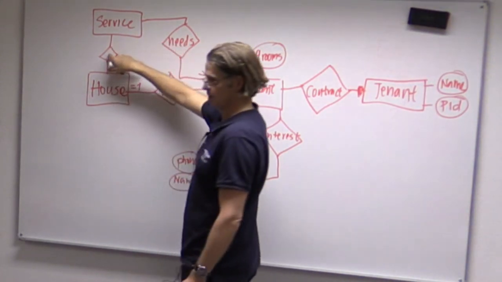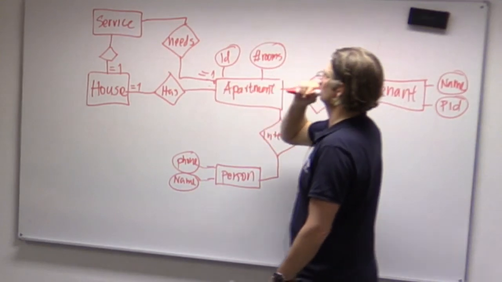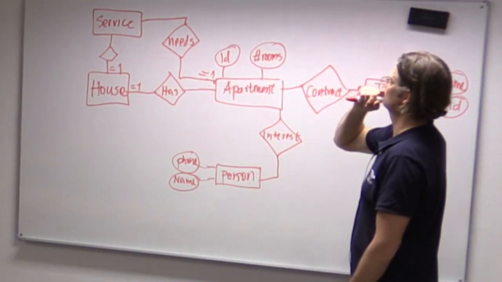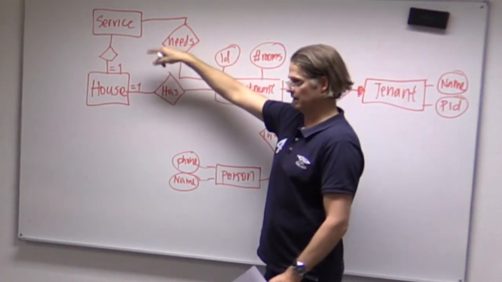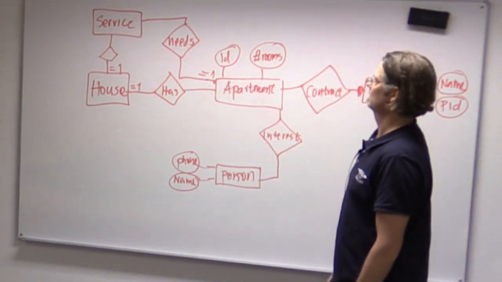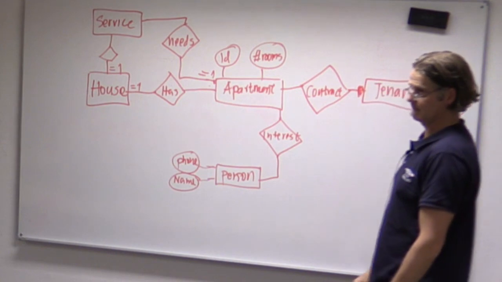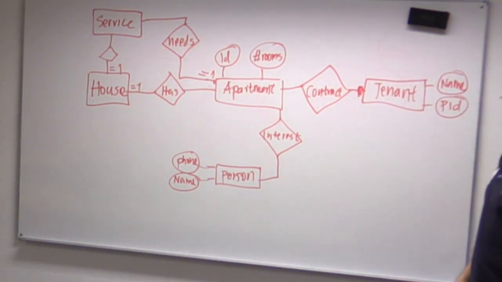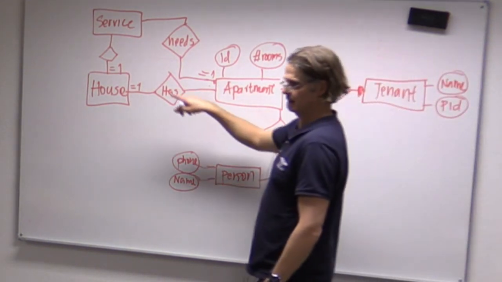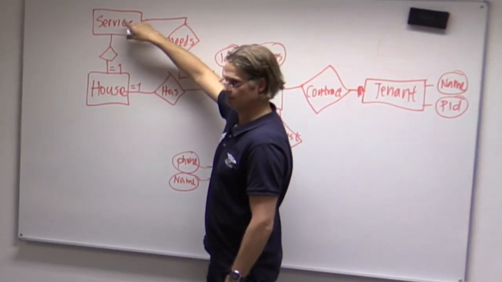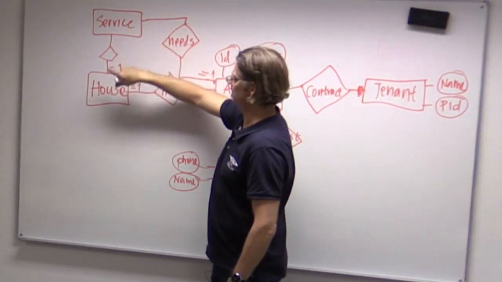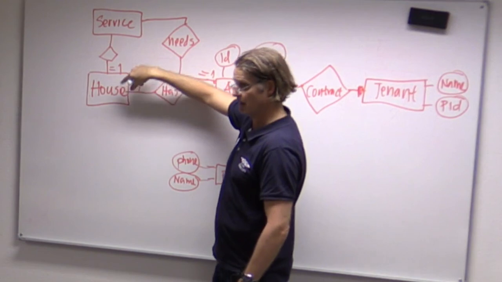I don't exactly know what that should be here, or is it a ternary thing here going on? For the need, you... I don't know. But absolutely I agree. There should probably be a relationship between the service and the house somehow.